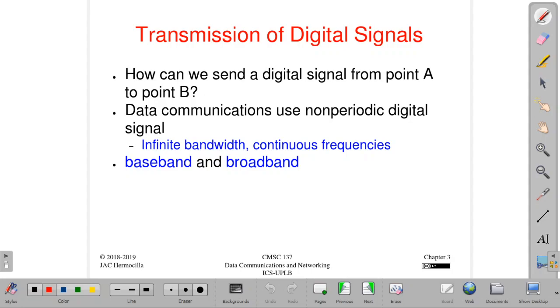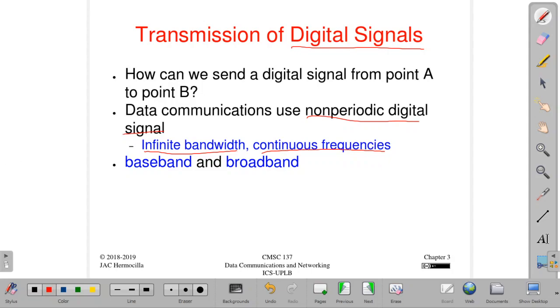So next is, how do we transmit digital signals? Okay. So how can we send a digital signal from point A to point B? Data communications use non-periodic digital signal. It has infinite bandwidth, as shown in the previous figure, and a continuous range of frequencies.